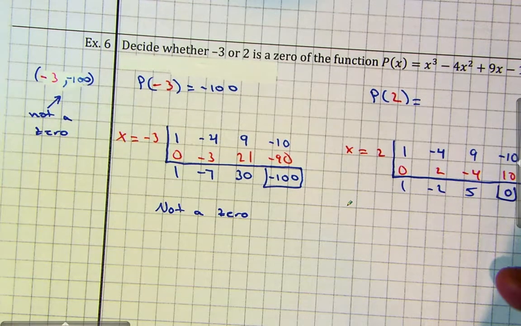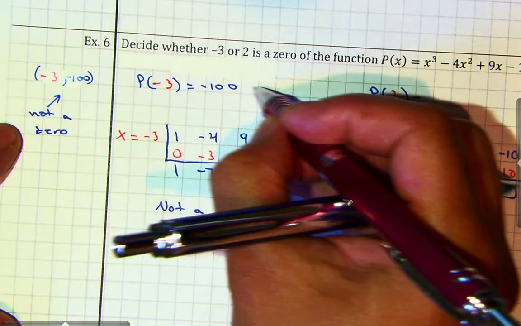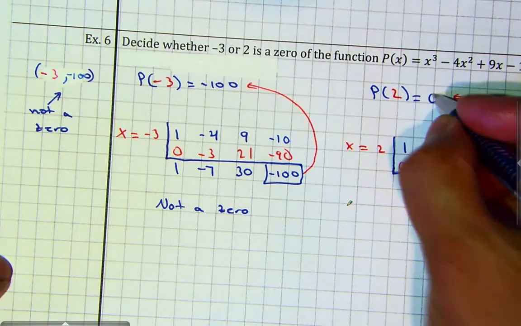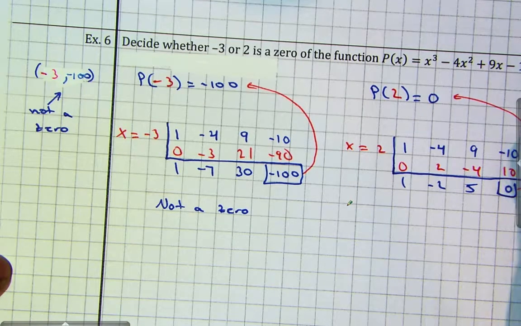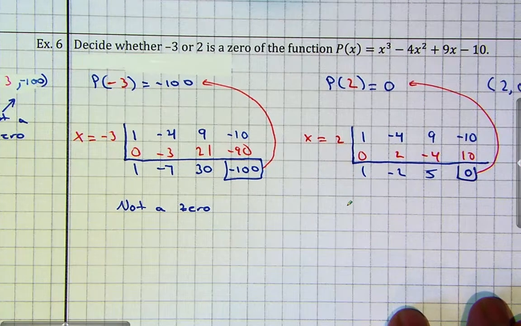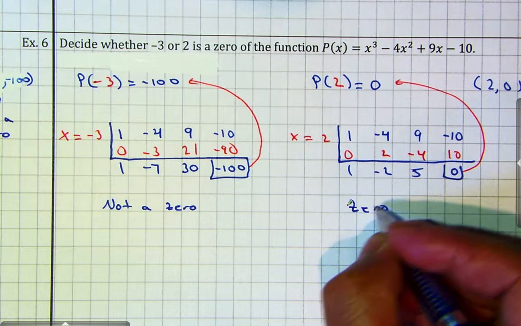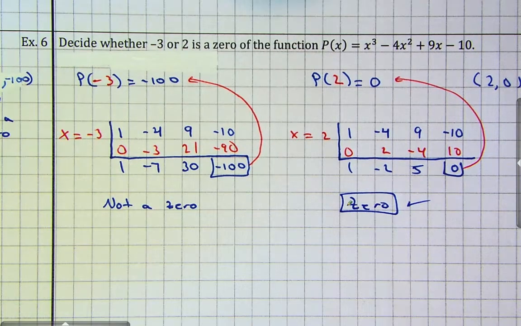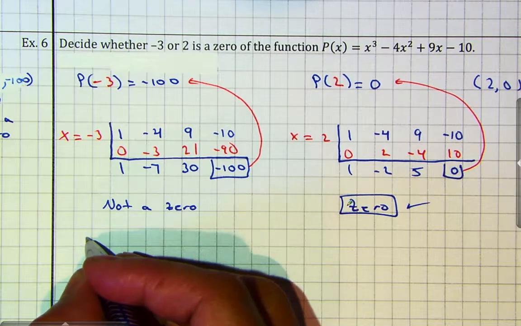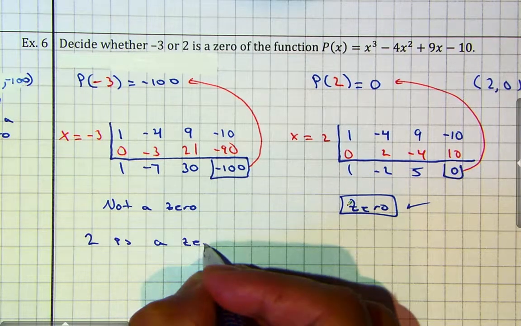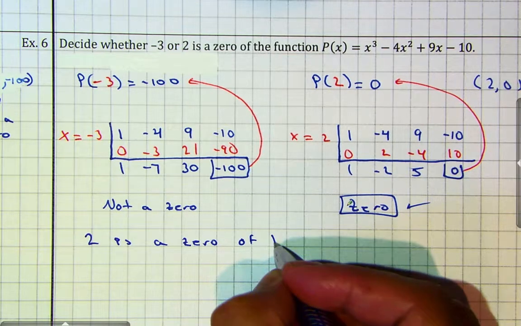So therefore, that means this is going to be (2, 0), which will make it the x-intercept, which makes it a zero. So therefore, 2 is a zero of p of x.